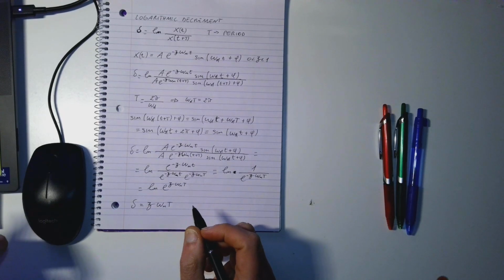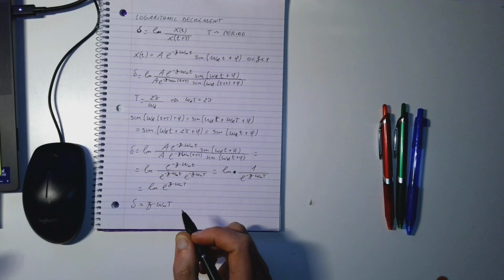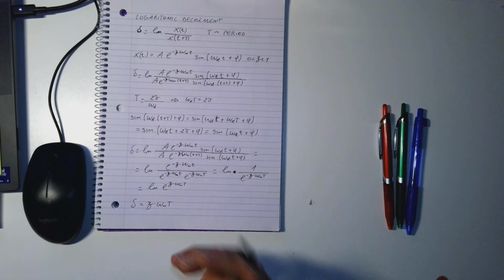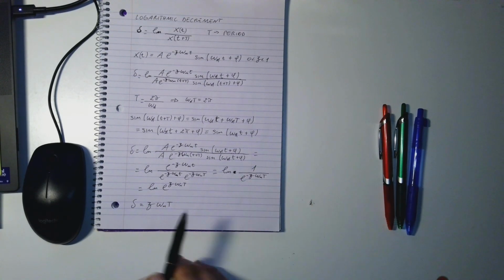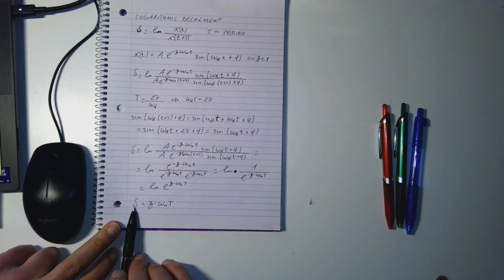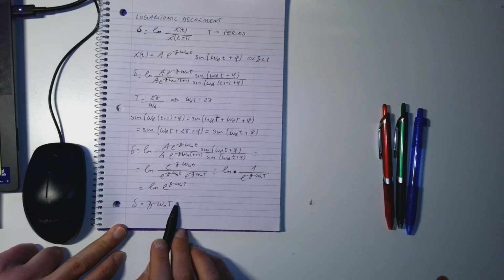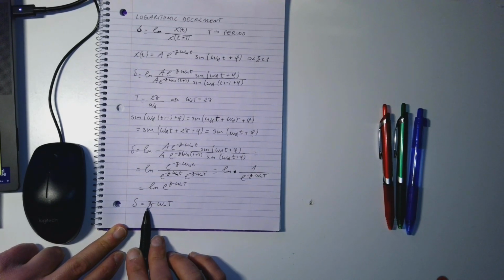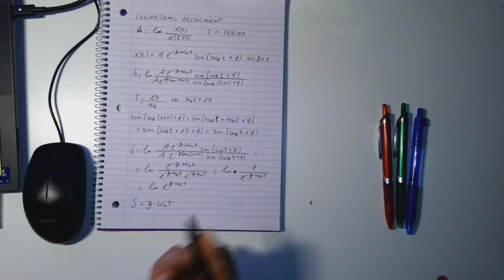Remember, in this case we are starting from the behavior of the system, which is x of t, and from the behavior of the system we are trying to find the properties. The property that we are looking at right now is the damping ratio. So now we have the relation between delta, zeta and T, so we can express T as a function of zeta, and we have a direct relation between delta and zeta.